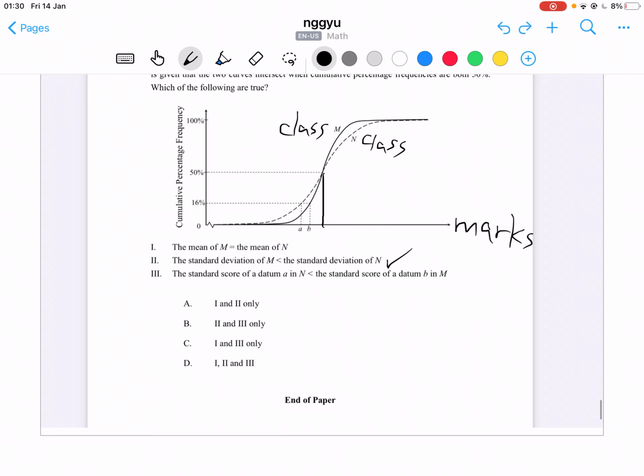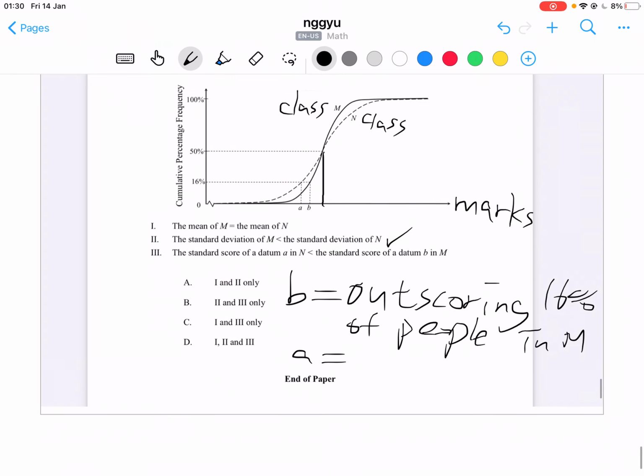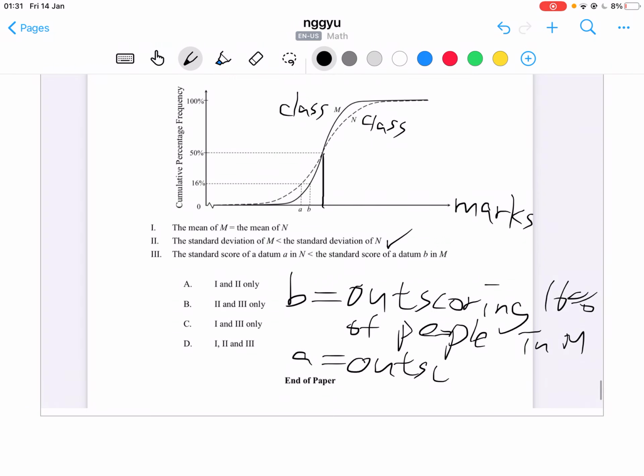So for this statement, the standard score of a datum A in N is smaller than the standard score of a datum B in M. So a datum B in M, which means he has outscored 16% of people in class M. And point A means outscoring 16% of people in class N.